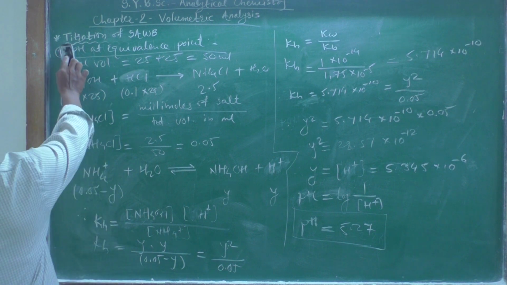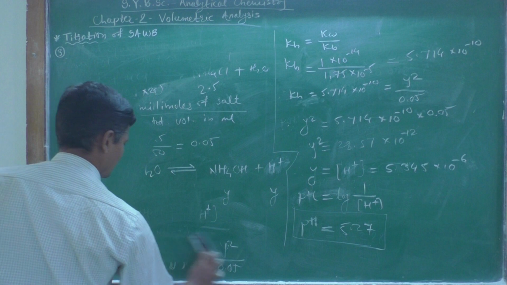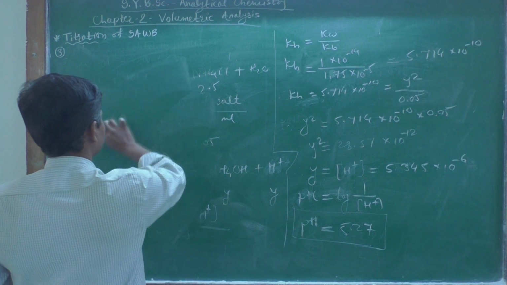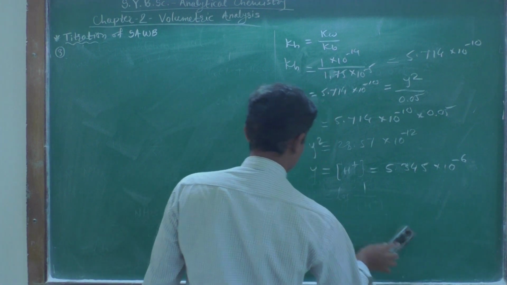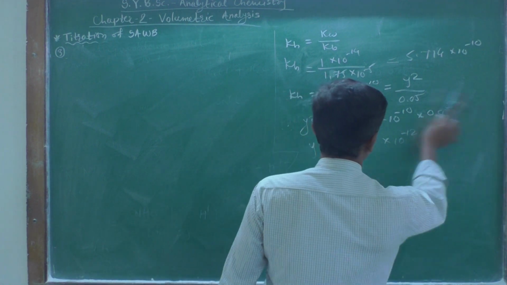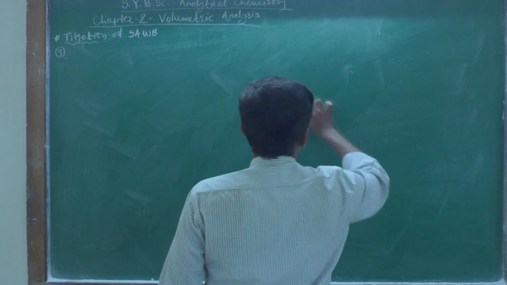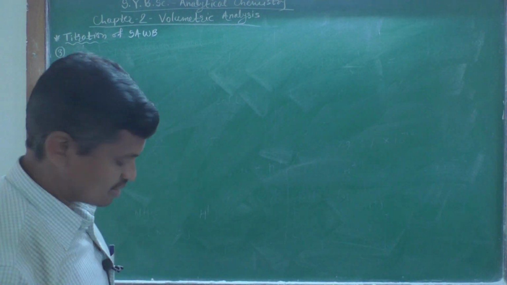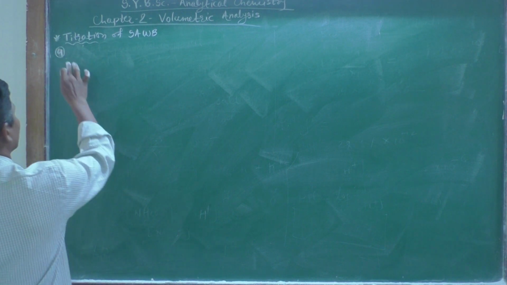And the third calculation is the pH of the titration when 26 ml of titrant, that is HCl, is added to the NH4OH solution.